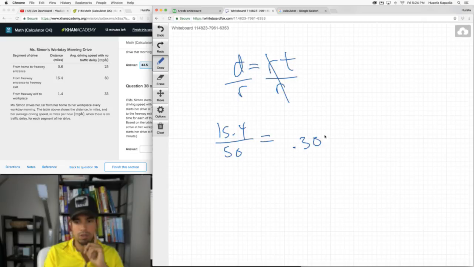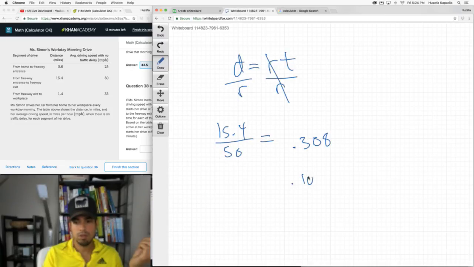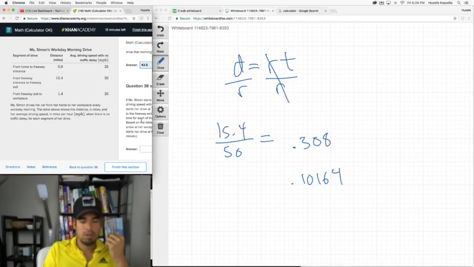So 0.308. But then we're increasing it by 33%. Actually, we just take 33% of this. Multiply this by 0.33, and that equals 0.10164. So that's the difference.